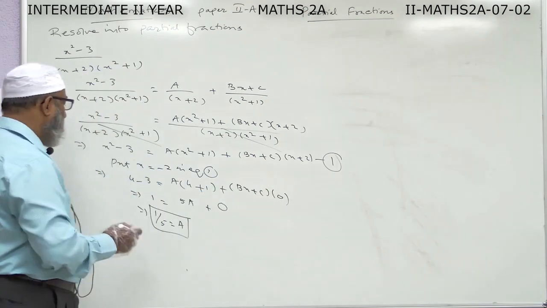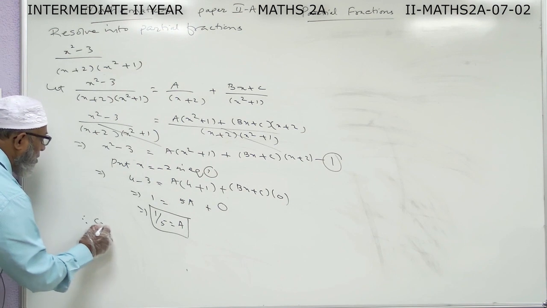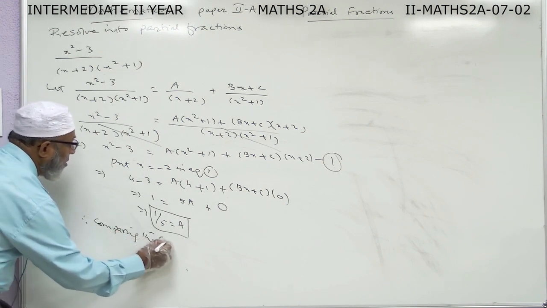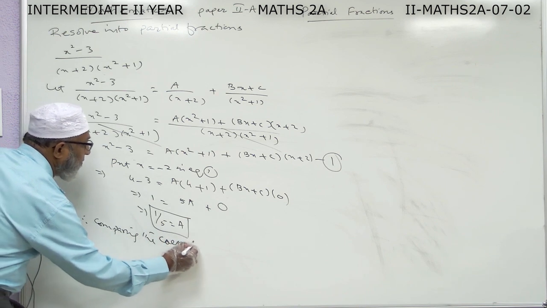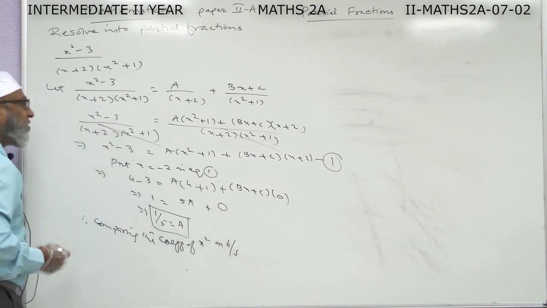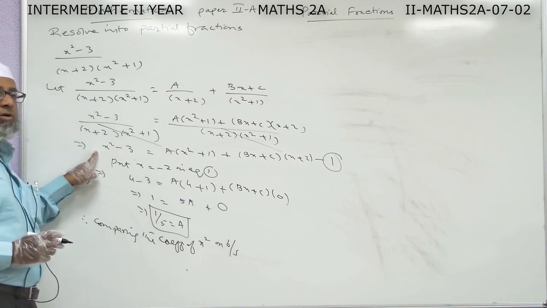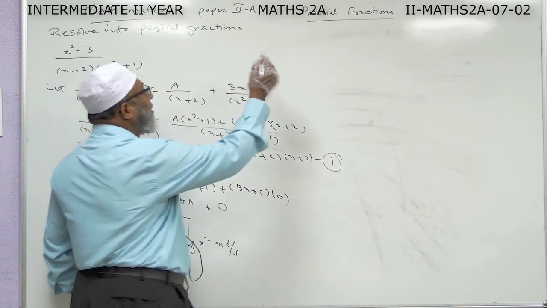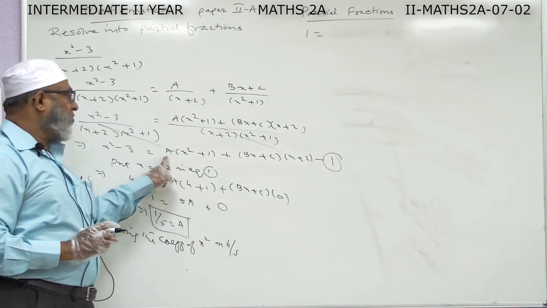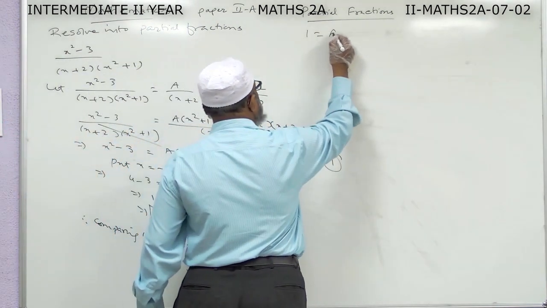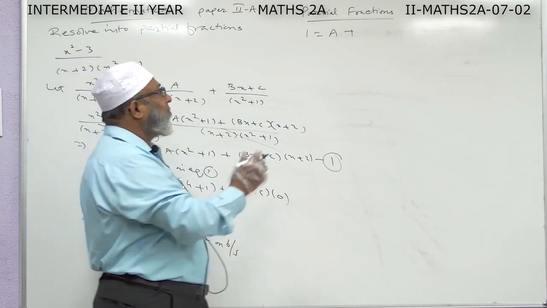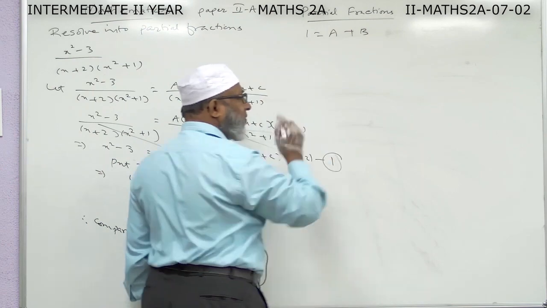B. Therefore, comparing the coefficient of x square on both sides. Now what is the coefficient of x square? On the left hand side it is 1 is equal to x square. The coefficient of x square is a plus x into x square. What is the coefficient? B. So a plus b is equal to 1.